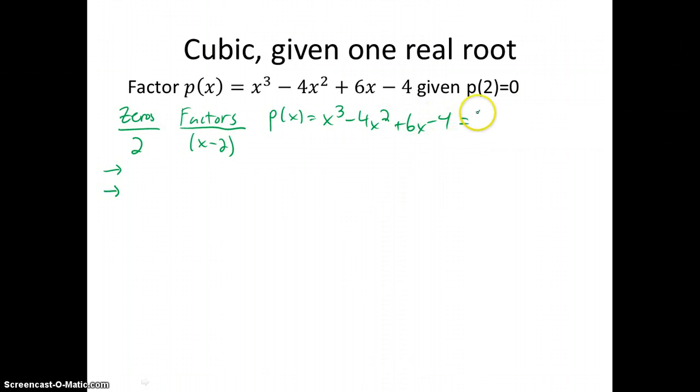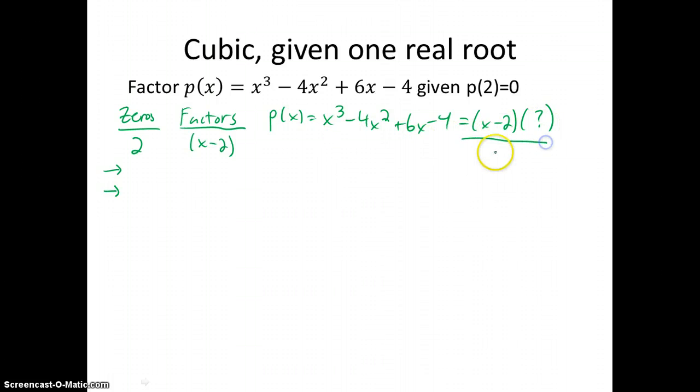We know that's equal to x minus 2, our first factor, multiplied by some big question mark. That should be a quadratic, because we have a cubic here and we're dividing by a linear, which gives us a quadratic. So what we're going to do now, I kind of just gave it away, is divide by x minus 2.